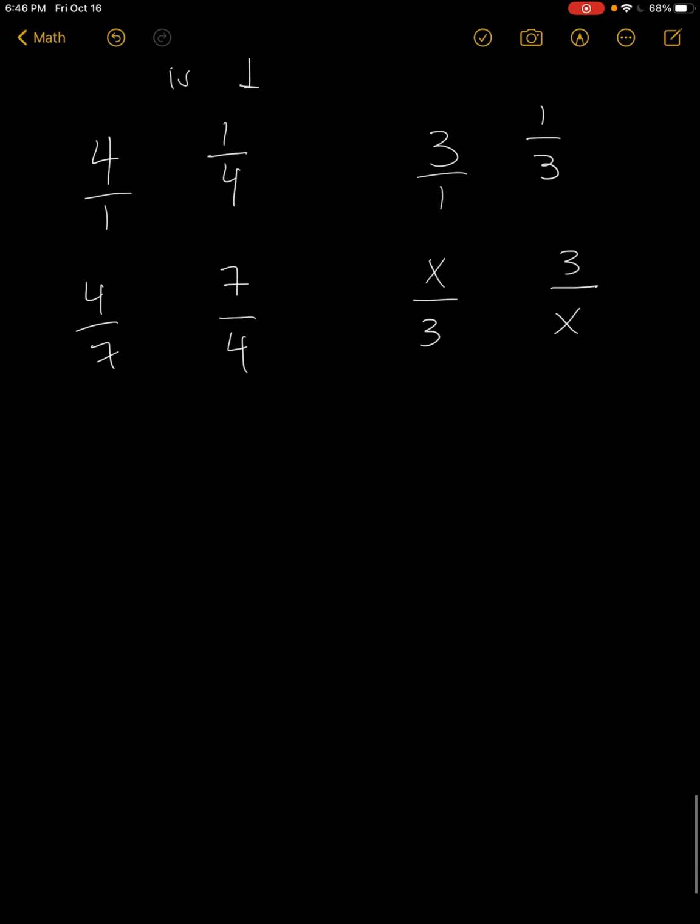You might even see more complex ones. Let's say you have x plus 3. This is just a number. X is a number, we just don't know it yet, and then we add 3 to it. So it's still just a number, so I can have that number over 1. And its reciprocal is just going to be 1 over x plus 3.